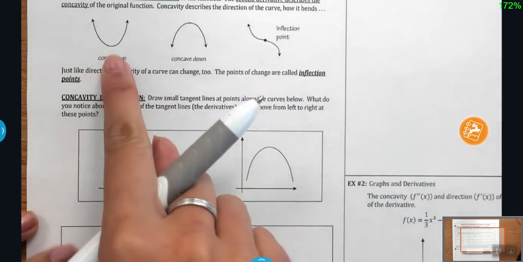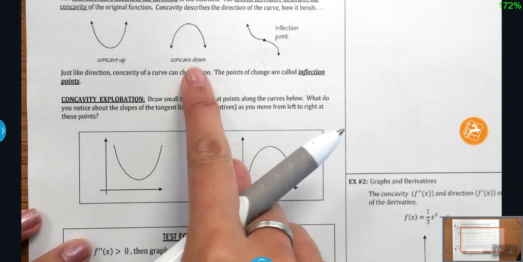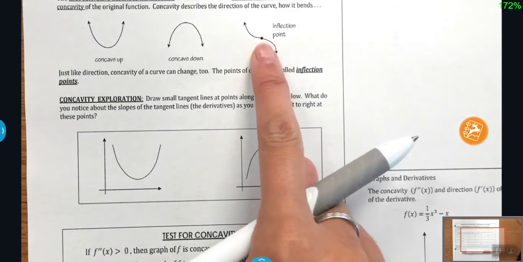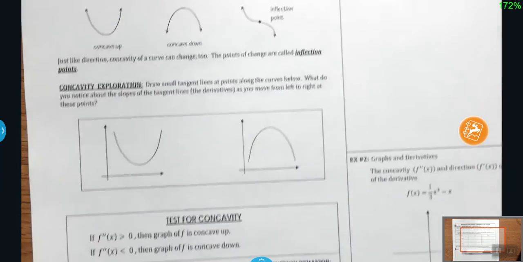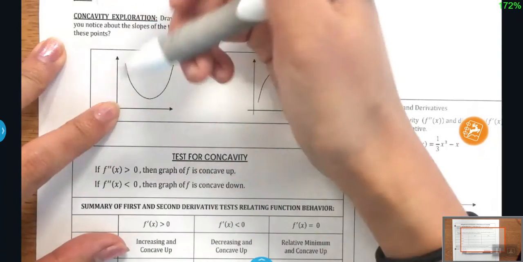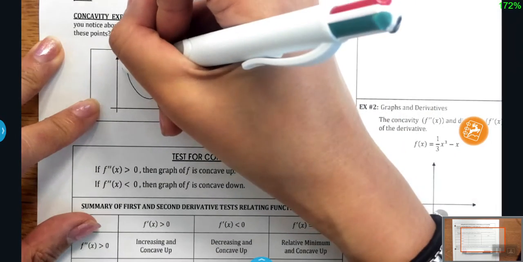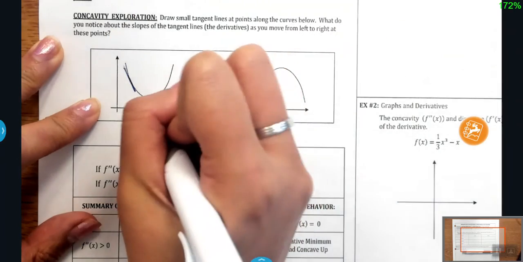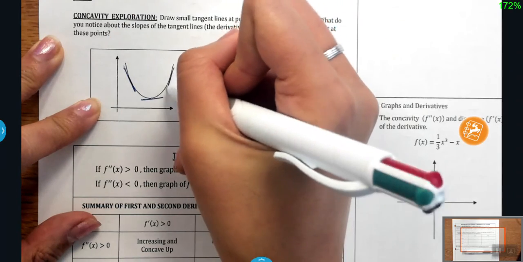Concavity. This is concave up, like a cup. This is concave down, like a frown. And this is a point of inflection. Concavity, if it's concave up, then if you draw little tangent lines, are they on top or below?